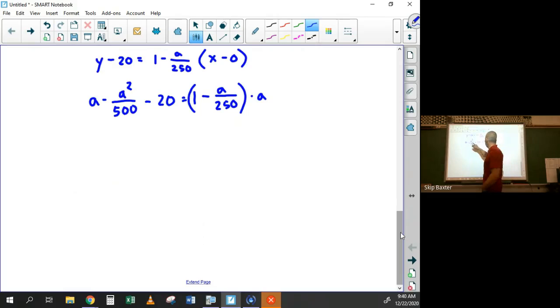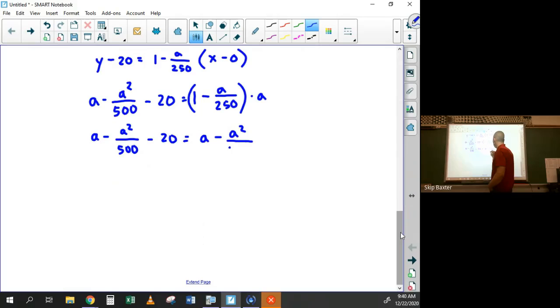Some stuff canceled. So this would be a minus a squared over 500 minus 20 equals a minus a squared over 250. So you can subtract a from both sides. That cancels.